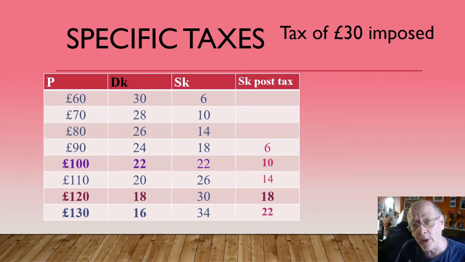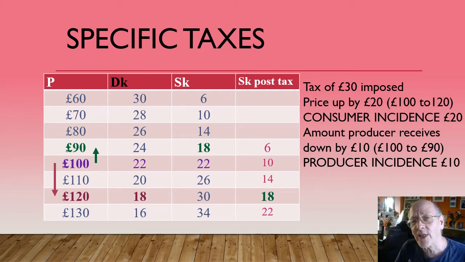Now, if we look at the supply at £130, it's 22,000 units, but demand is only 16,000. However, if we look at that price of £120, £20 above the original, you'll see that the market clears because demand is 18,000 units and so is supply. So £120 is the new equilibrium price.